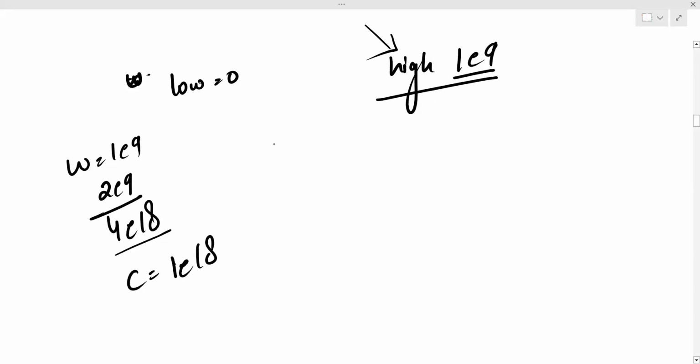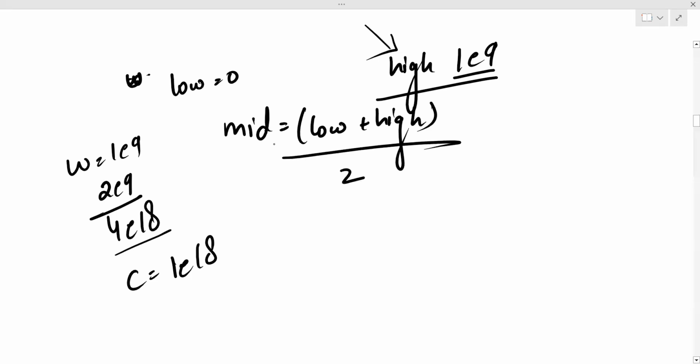Okay. So moving forward, we have our mid as low plus high by 2, like in usual binary search, right? And then what do we do after this?